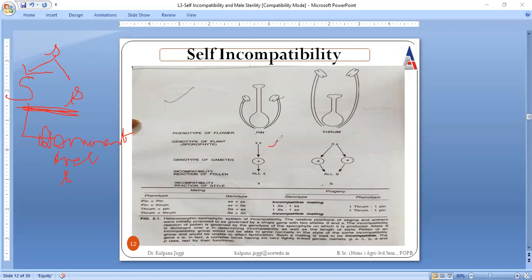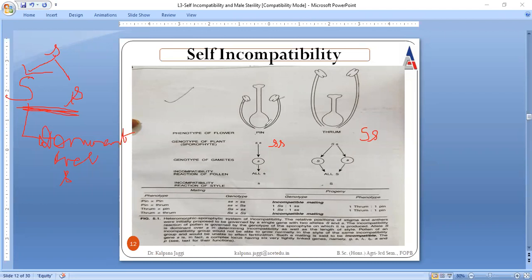See here, there is the presence of only small s genotype. But the pollen grains produced by the thrum will have two types of genotypes: the very first is capital S and another is small s. So here the pollen grains produced have this genotype, and here the pollen grains produced have that genotype.